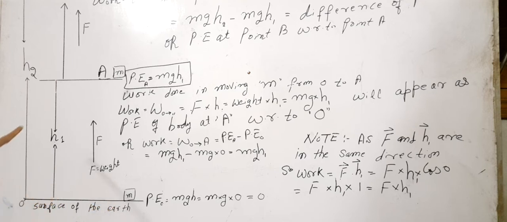In the second case, we consider that the body is being lifted up by applying the force F from O to A. In this case, the force applied on the body F and the displacement covered by the body h1 will both be in the same direction.